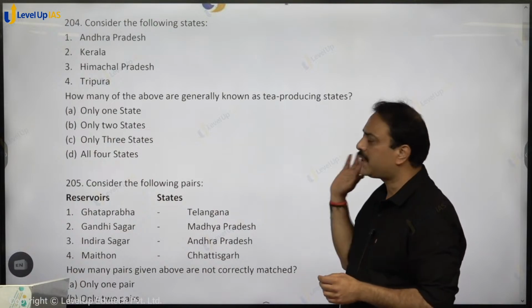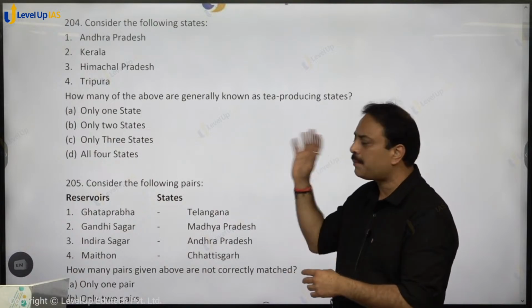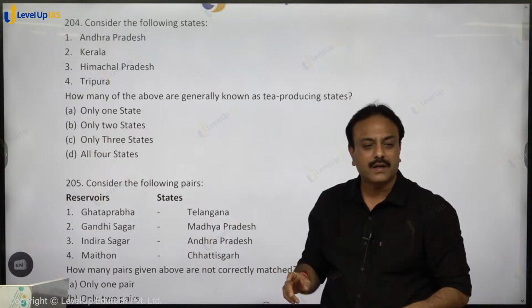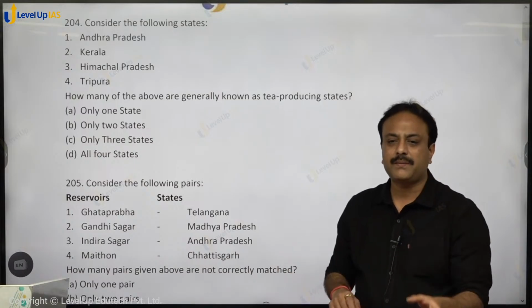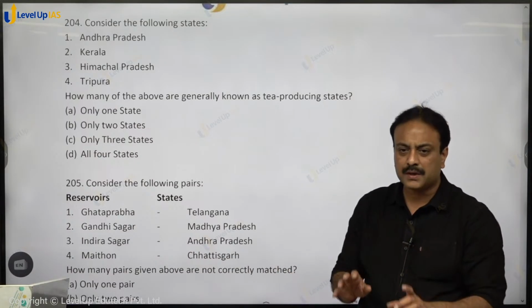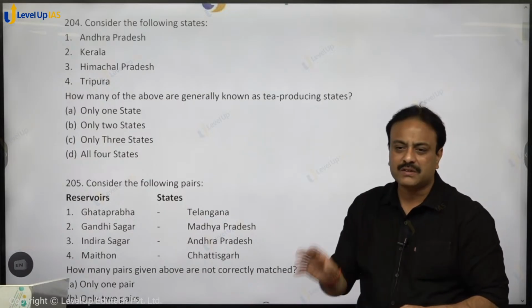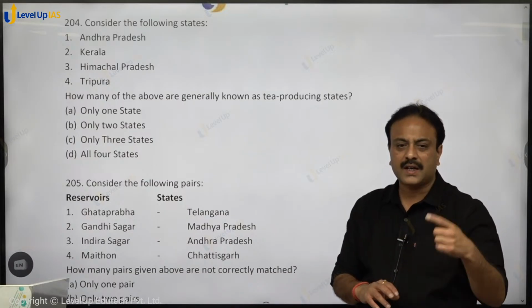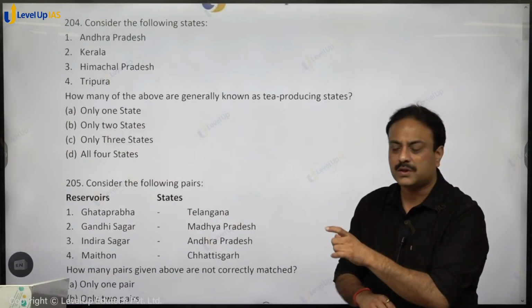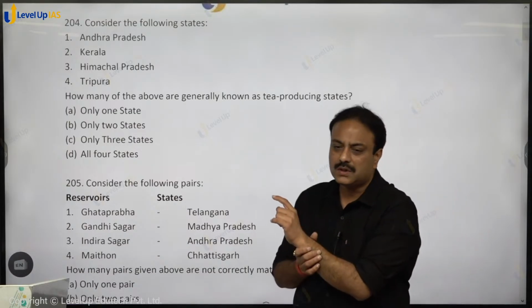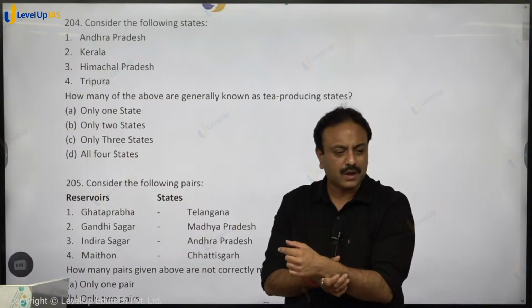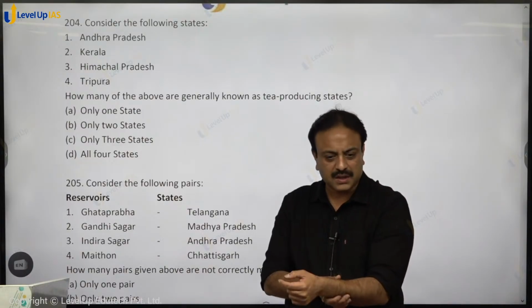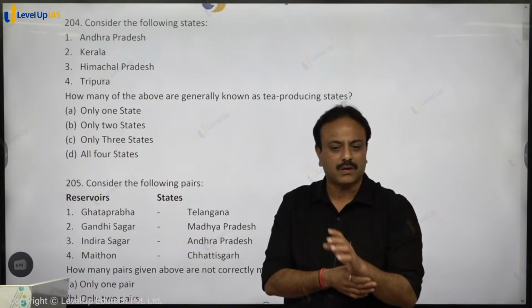And now it is asking about tea producing states. Who declares whether this is a tea producing state or not? The Tea Board of India. It has classified a few states as tea producing states. There are many other states which produce tea, but they are not in the category of generally known tea producing states. Those states include Assam, Tripura, West Bengal, Himachal Pradesh, Karnataka, Kerala and Tamil Nadu.